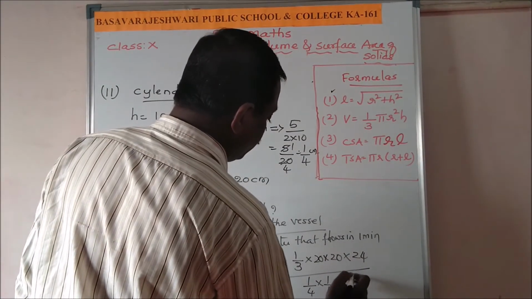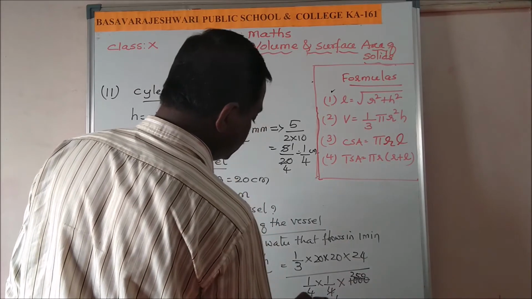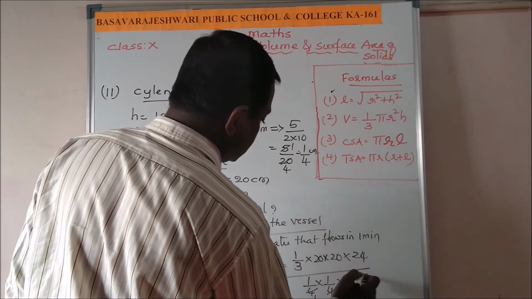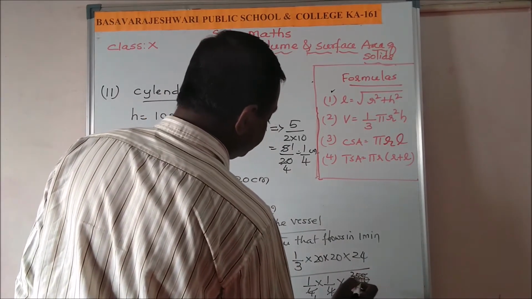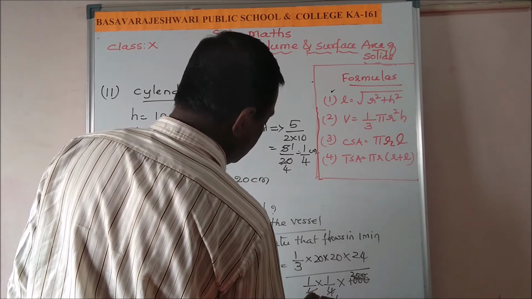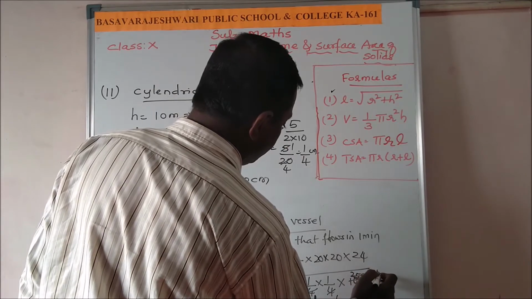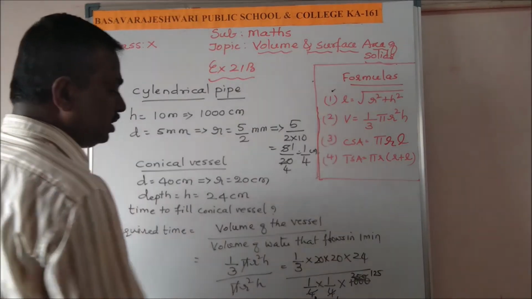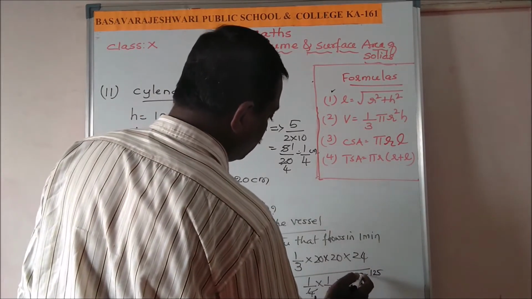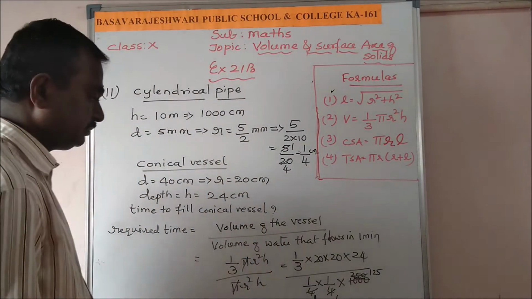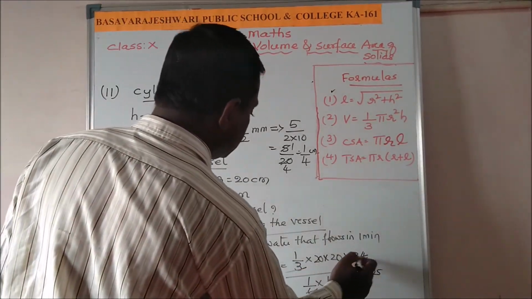Now cancel: 4 ones are 4, 4 twos are 8, 4 fives are 20; 2 twos are 4, 1 remains, 2 fives are 10. Here 3 ones, 3 eights.